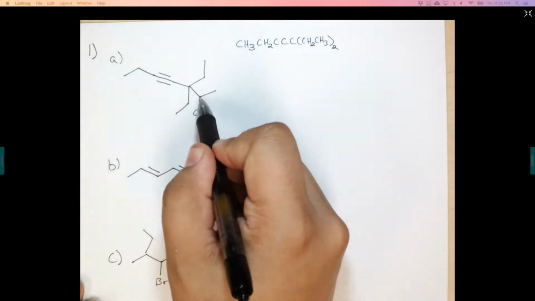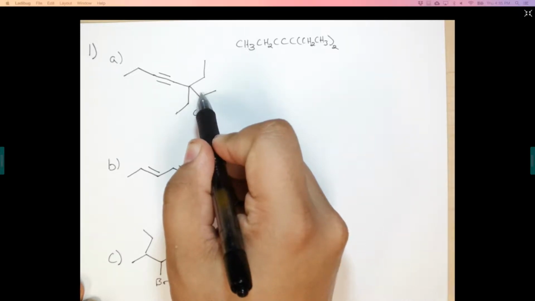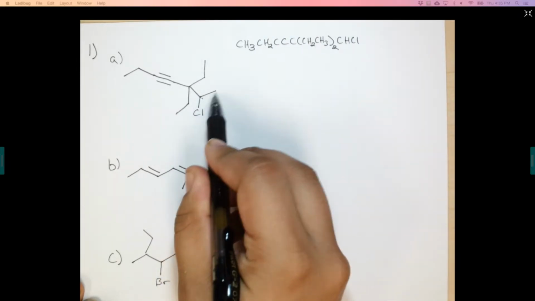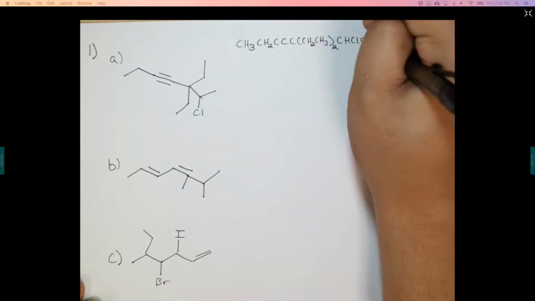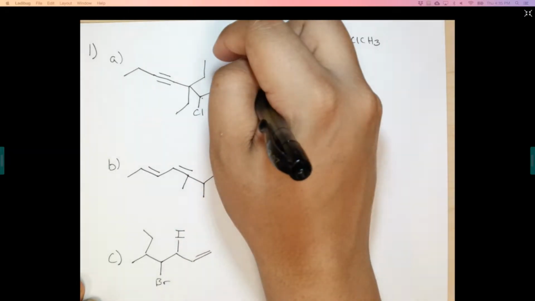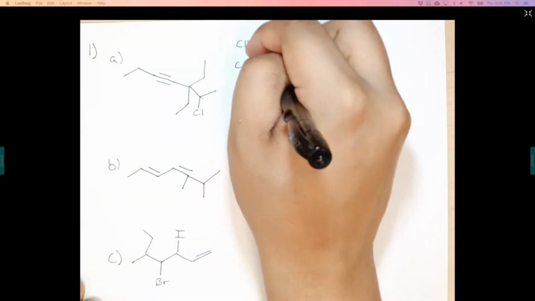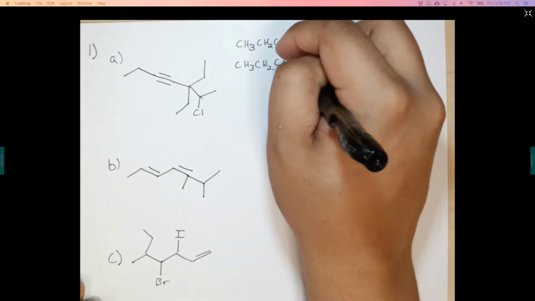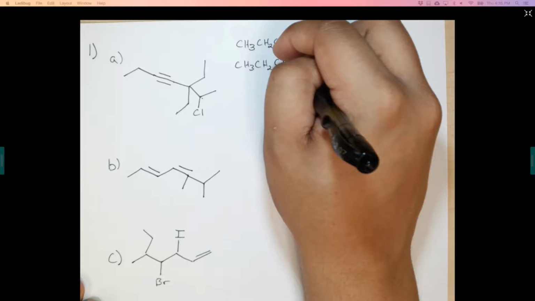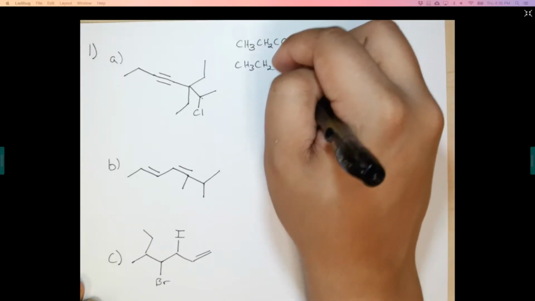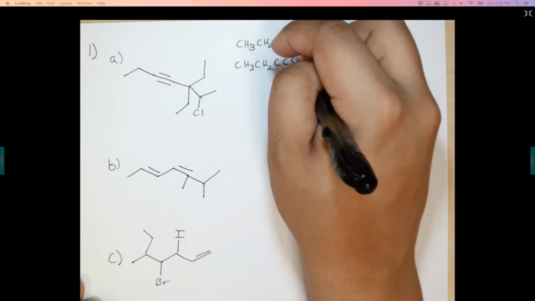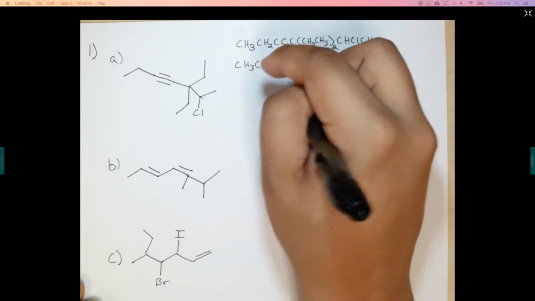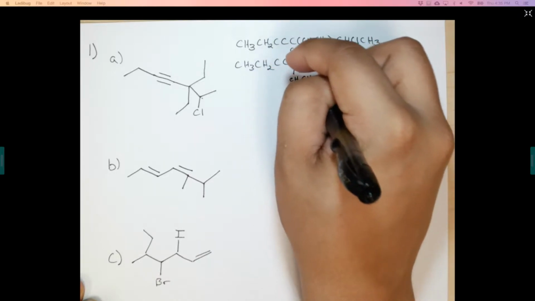And then we have a CHCl. That's this guy, and then we have a CH3, right? You can also write this CH3, CH2, CCC, and then you can make two ethyl groups, like such.